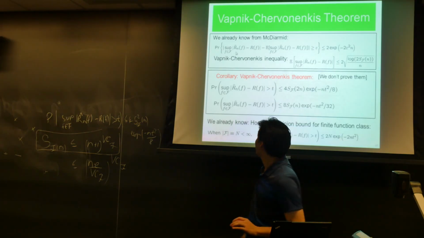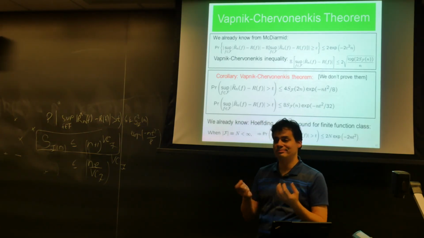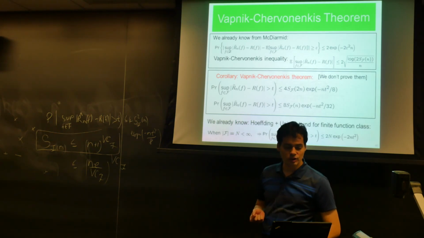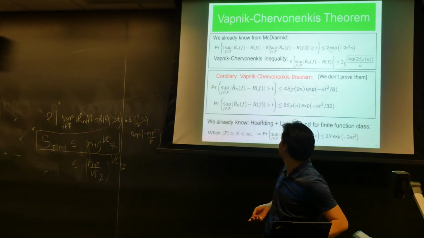But originally we cared about not just the expectation of this random variable, but the distribution of this random variable. And we just proved with McDiarmid's inequality that this supremum is close to its expectation. And that's the concentration bound.